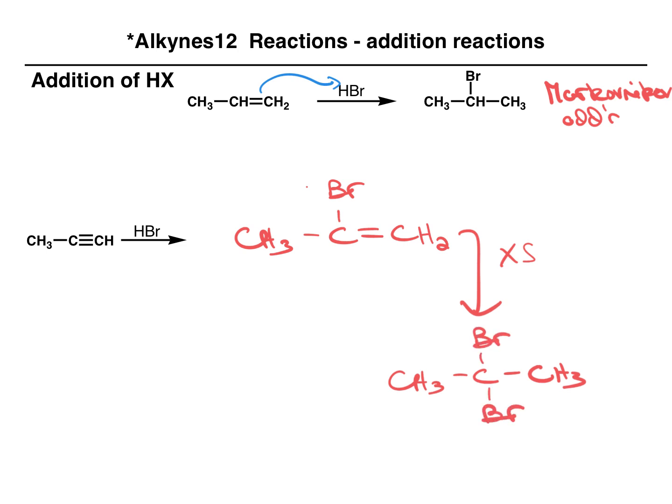So we've added H and Br twice across the alkyne. Both of them are Markovnikov addition. So we don't have to do one addition, isolate it, and then add a second. If we just added excess HBr, then we would get the dihalide.